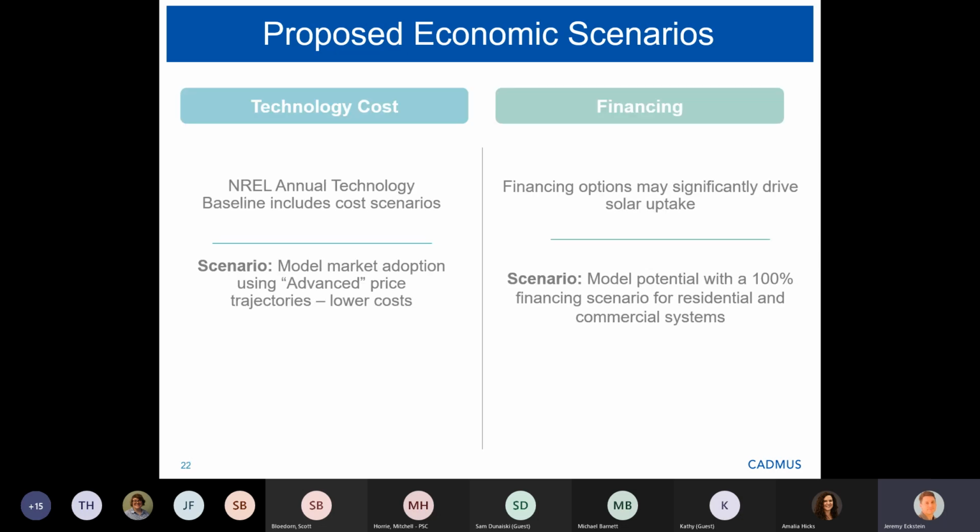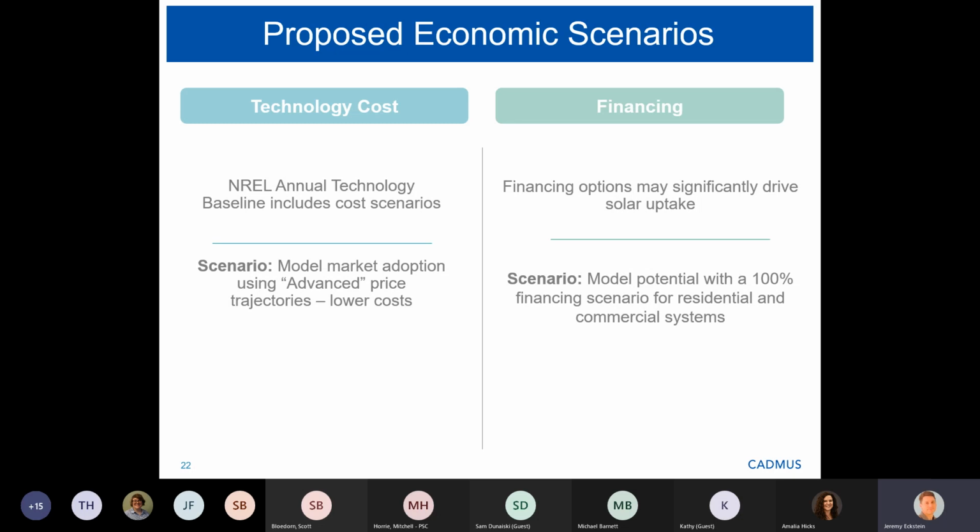And then another would be to change our technology costs to see what lower technology costs would do. The NREL annual technology baseline actually has multiple cost scenarios, so we could look at the most aggressive cost reductions.